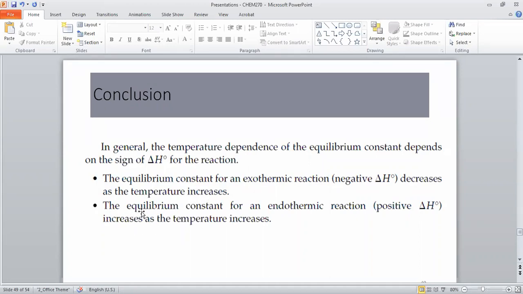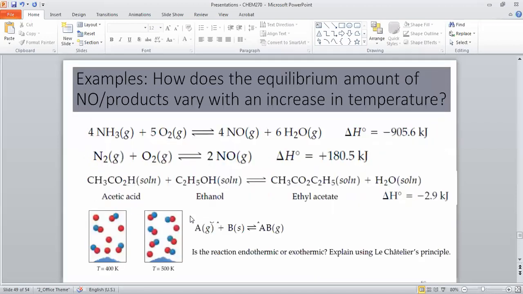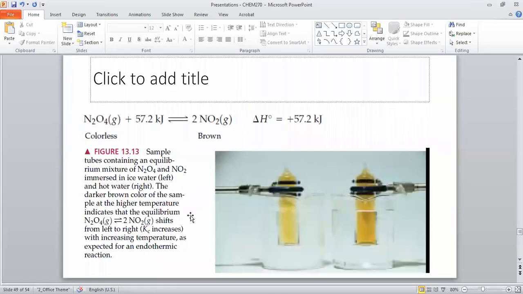And in the second example, we have discussed the equilibrium constant for the endothermic reaction, which is having the positive value, increases as the temperature increases. So this is the effect of the temperature, and a few examples are given over here.